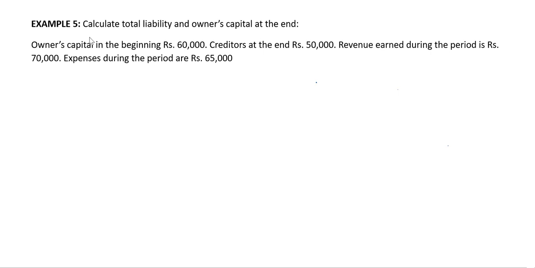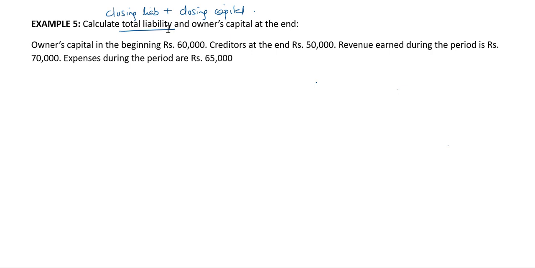Example 5. Calculate total liability and owner's capital at the end. Total liability at the end is closing liability plus closing capital. It's given that the owner's capital in the beginning is rupees 60,000.